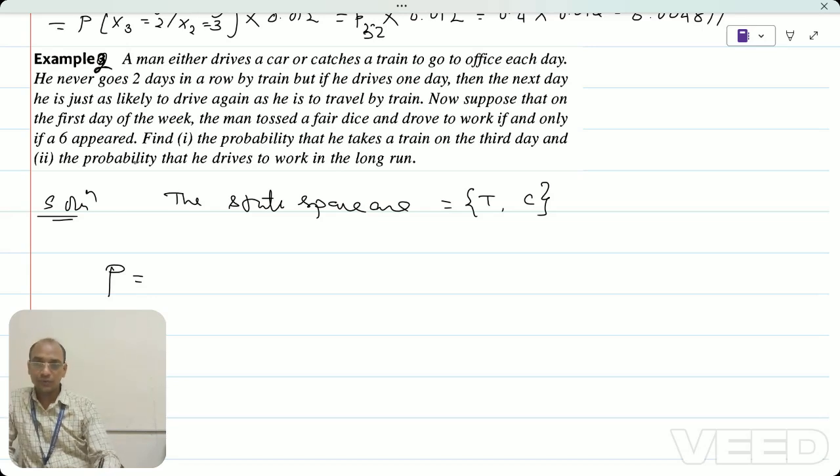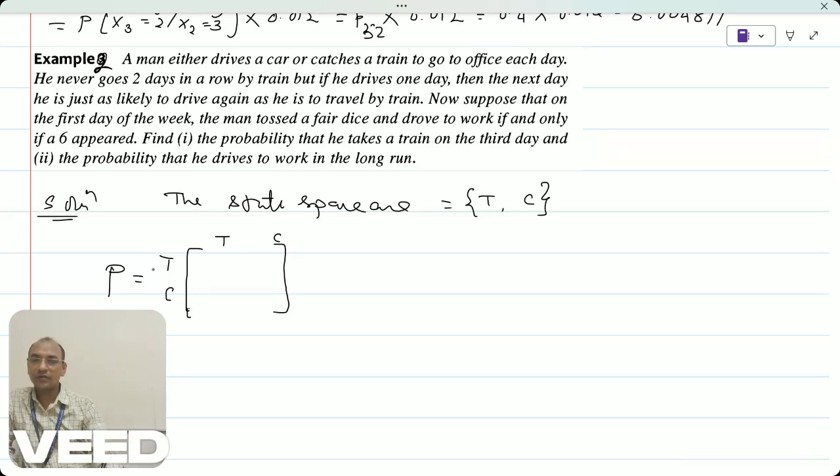So suppose here presently he travels by train and then car, train and car. Now what happens? So in the first day, if we travel by train, so this is my x n minus 1, this is my xn, this is my present state, and this is my future state.